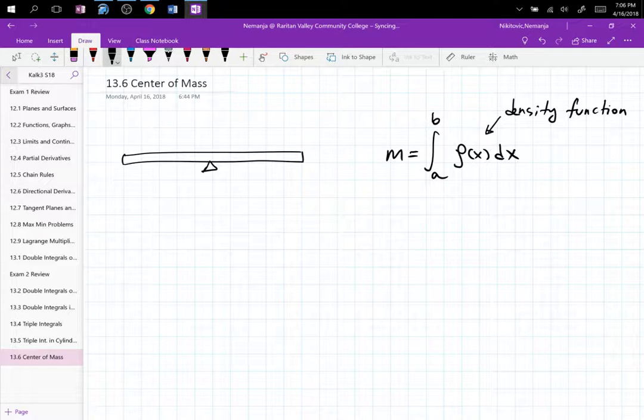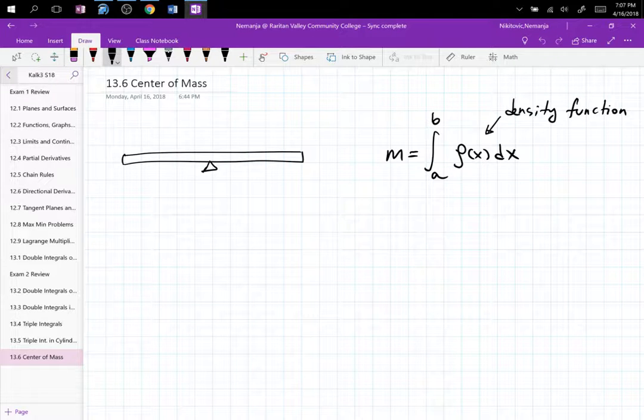Clearly, when something is more dense, then it's heavier, and when something is less dense, it's lighter. So we can find the mass of the object by integrating density. And because density doesn't have to be uniform, we use the integral to compute that.